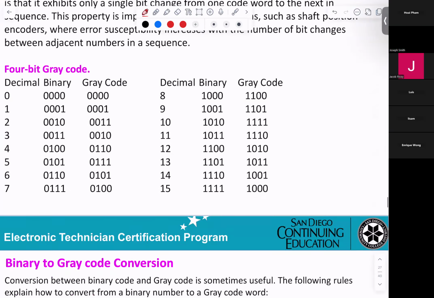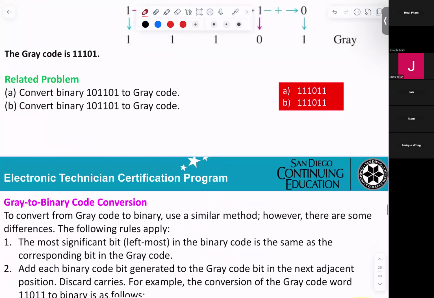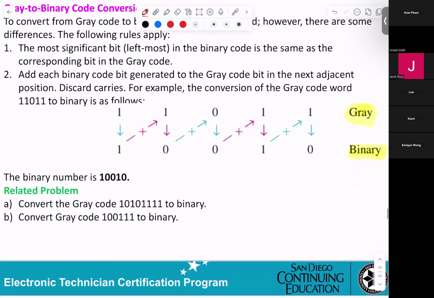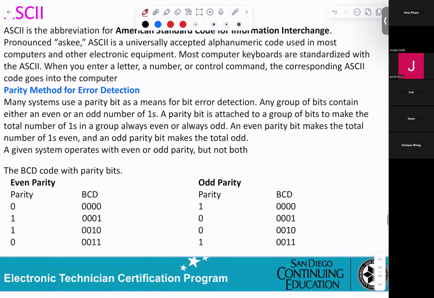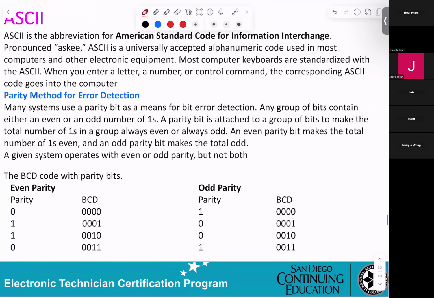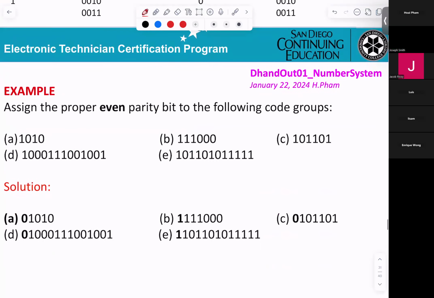Gray code, don't care. That's an easy one. Okay? When we get the time, I can help you. ASCII. Okay? Basically, that's just a table.